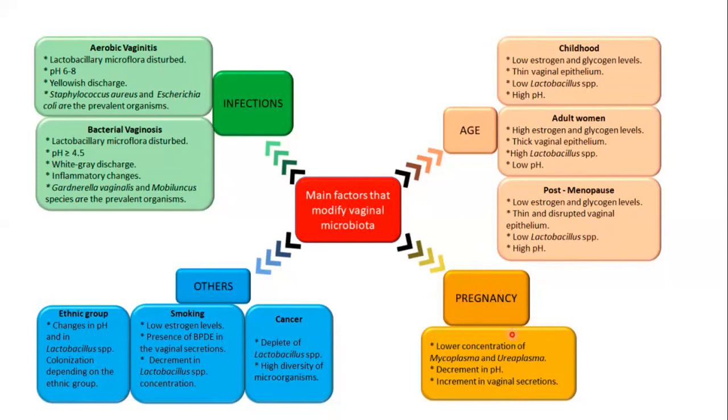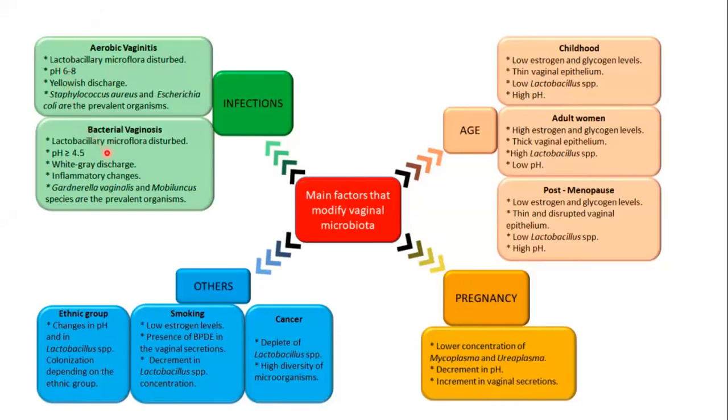Pregnancy usually also changes the vaginal microbiota because of the hormonal changes that the pregnant woman goes through. There's a lower concentration of especially mycoplasma and ureaplasma. There's a low pH, and of course, there's an increase in vaginal secretions.